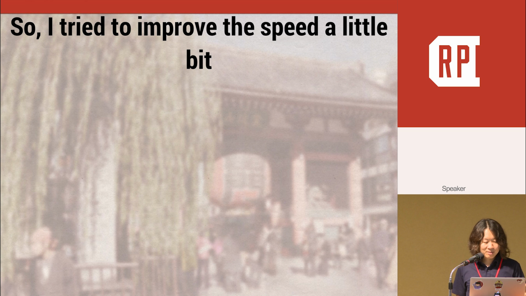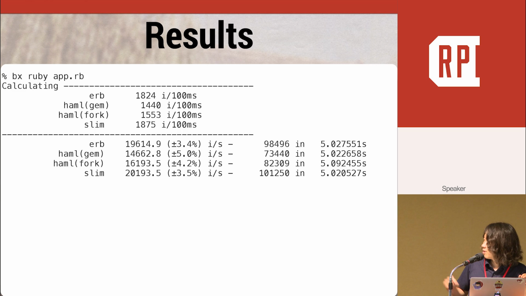So I tried to improve this speed, and I started creating a fork, a faster Haml fork. It's not done yet, but it improved a little bit, like 10 or 20%. It's only in my local branch. It's not published yet, but Haml is getting faster sooner or later.